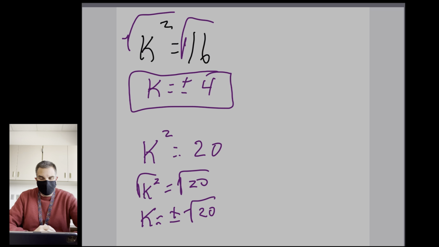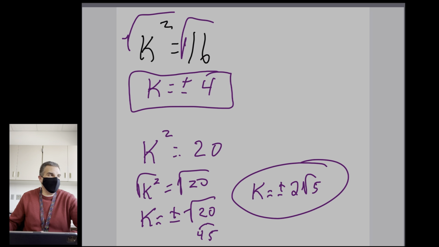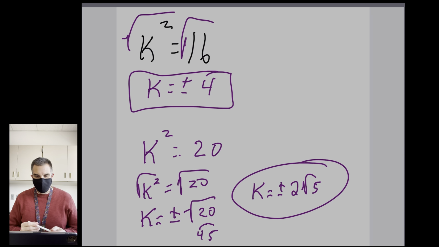But just like we worked in the last chapter, underneath radicals, we have to be able to simplify them. So 20 is 4 times 5. Square root of 4 is 2. So k in this case is going to equal plus or minus 2 radical 5. And that's the first type of question that you can have with this, solving them when you've got your k squared equal to something already.